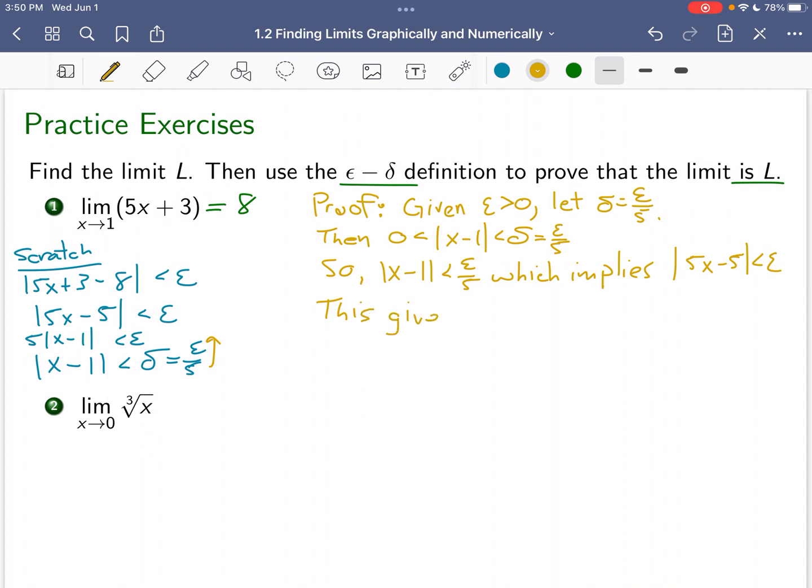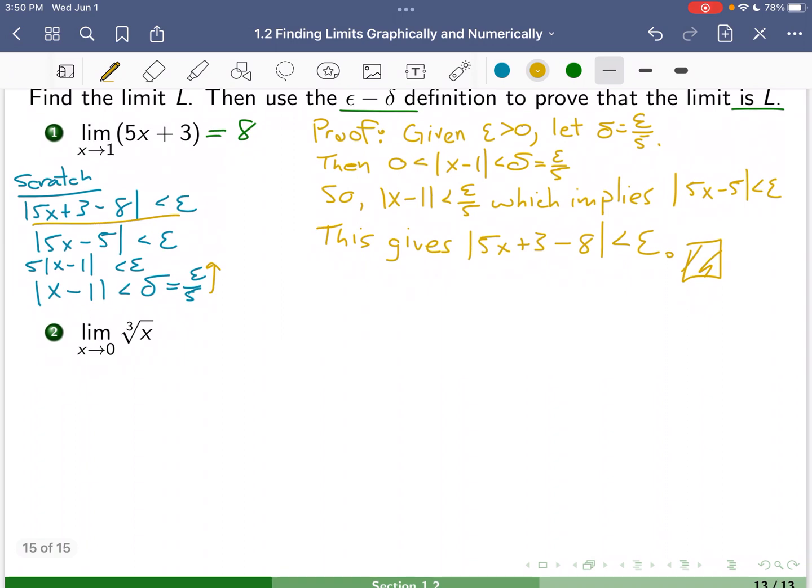This gives then the absolute value of 5x plus 3 minus 8 is less than epsilon, which is what we wanted to have. We wanted to be able to get back there. We just figured out what work was going to be necessary in that scratch work. Great. Let's do one other example, and we will be done with this section.